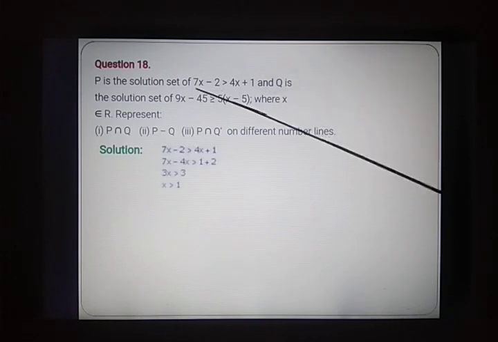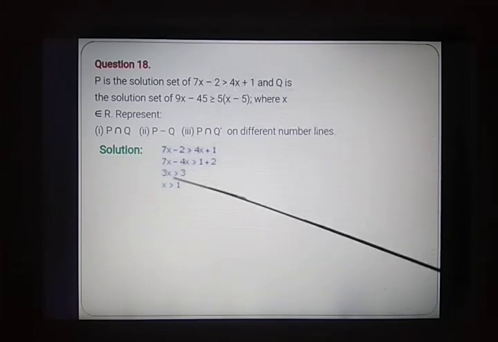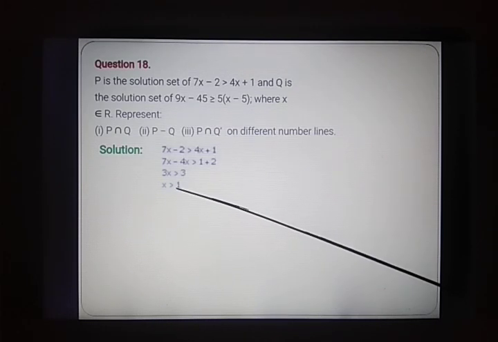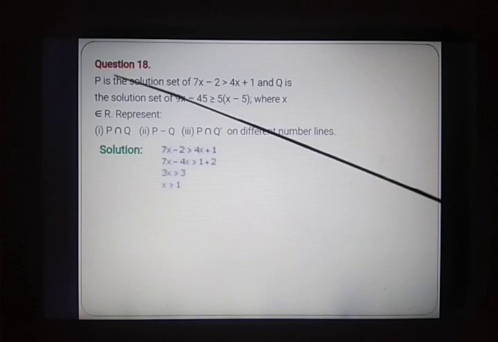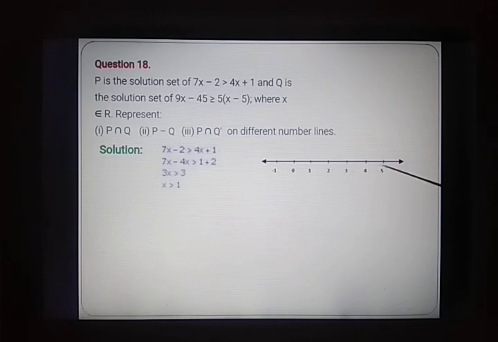Okay, so this is given, and let me solve this. So when I solve this, I'll get x is greater than 1. Okay, now it is said that P is the solution set of this. So that means if this is my number line, the solution of this can be plotted in this way.